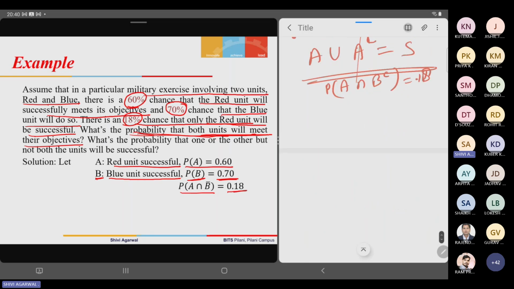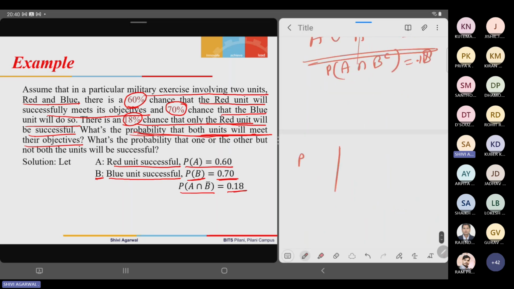So I will just make the Venn diagram for you. Suppose we are making the Venn diagram. This is A, this is B. Correct? So what is given?